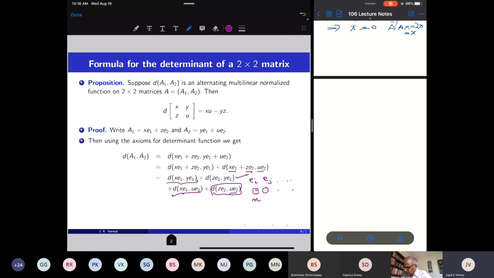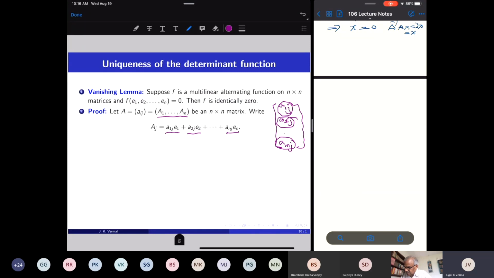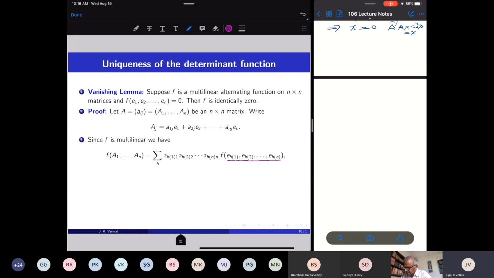Okay. So when I expand, once I put each column vector as a linear combination of e1, e2, en, I can use multilinearity, and at the end I get a sum of this type. These entries a1j, a2j, anj will come out of the function. f is my multilinear alternating function.